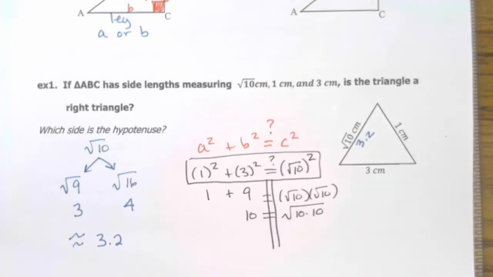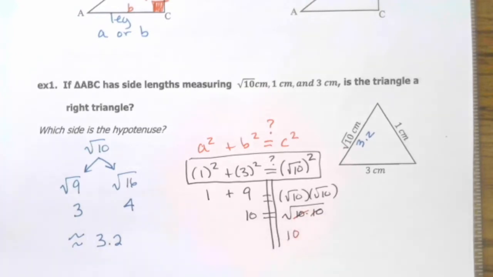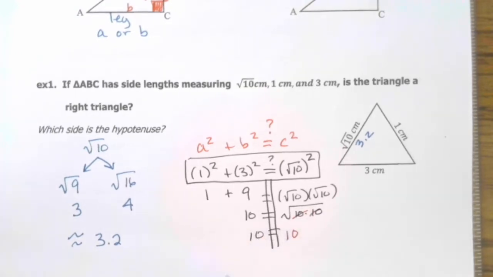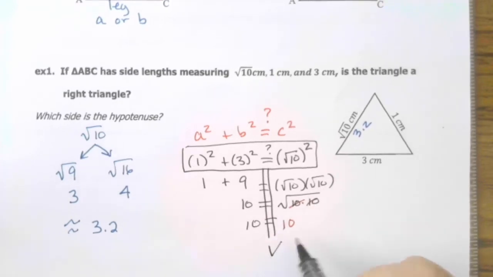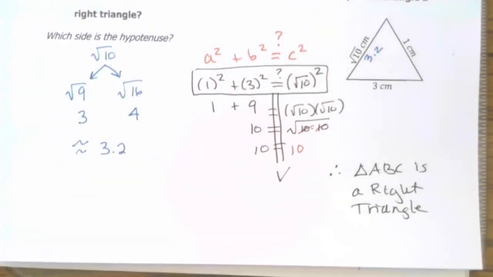It's square root of 10 times 10. Two tens, 1 comes out. And what do you know? A squared plus b squared did equal c squared. So our conclusion, therefore, is that triangle ABC is a right triangle. And that is how you use the converse, is to prove it's a right triangle.